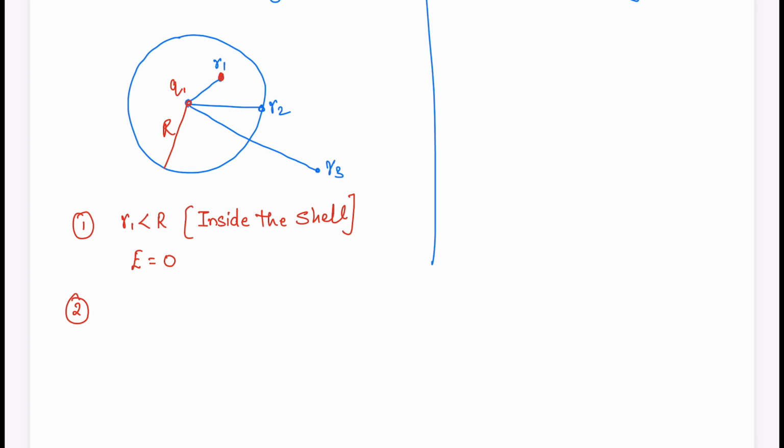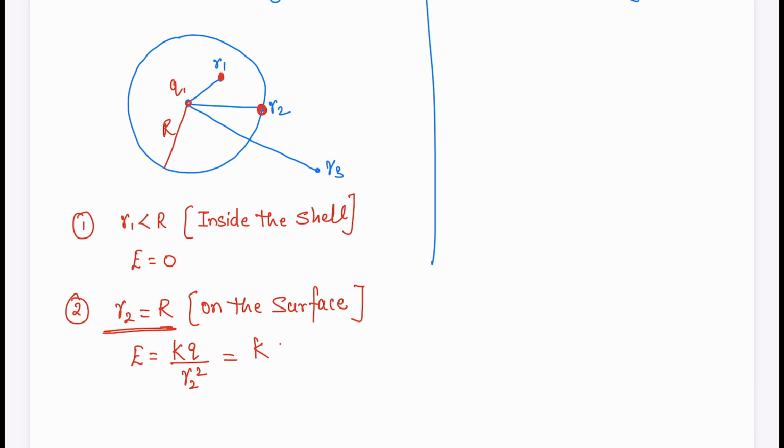Case number 2, when R2 is equal to capital R, on the surface. Can I say R2 is equal to radius? In that case, E is equal to kq over R2 square, or kq over radius square.